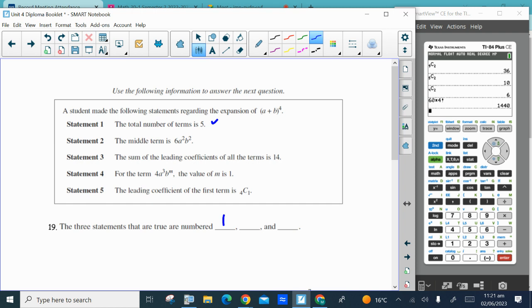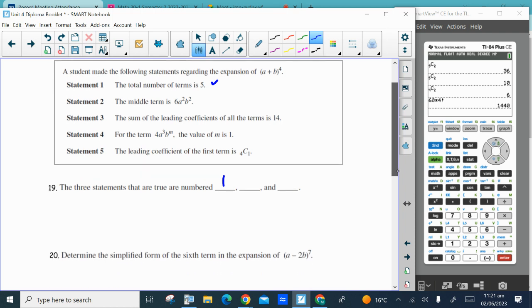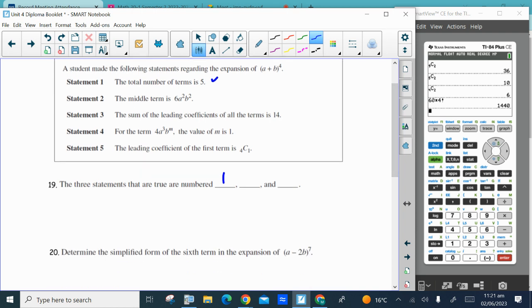The second statement says that the middle term is 6a squared b squared. To check that, you can expand the whole thing if you want, but I don't think we have to. We can check that the coefficient is correct by using Pascal's triangle.